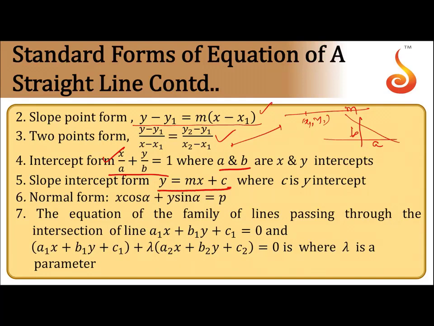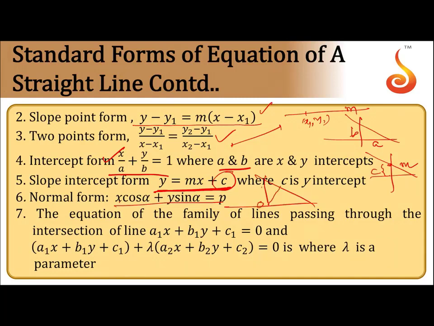The next one, y is equal to mx plus c, represents the equation of a straight line whose y-intercept is c, that is, a straight line making an intercept c on the y-axis, and the slope of that line is m. Coming to the next one, this represents the equation of the straight line in normal form.